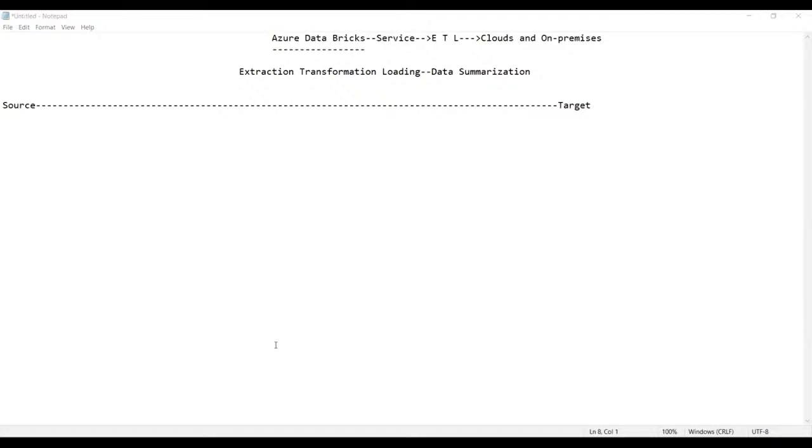So now, we have the source, and source is nothing but a place where you can find the data. In the source, we can get the data in the form of files, or else databases, or else live streaming data.